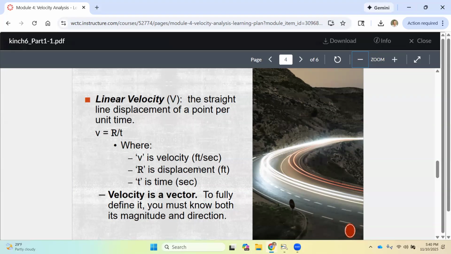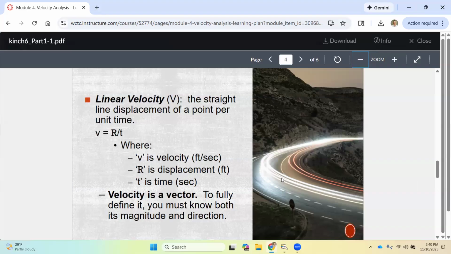So it's going to be distance that's covered divided by the amount of time it takes to cover that distance. So when we look at units for velocity, they are going to be exactly that, distance divided by time. So feet per second, miles per hour, inches per second, meters per minute, whatever might be appropriate for the application that you have, whatever the distance is, and then whatever the time is.